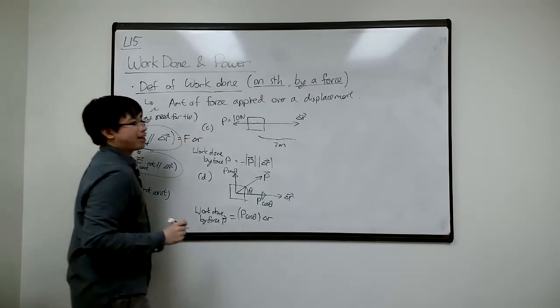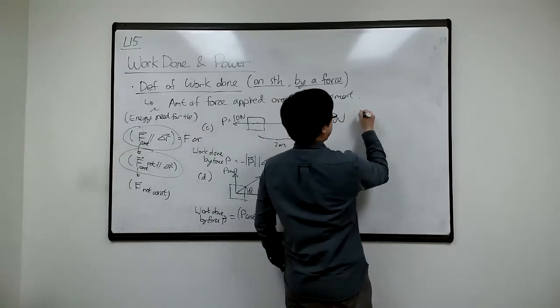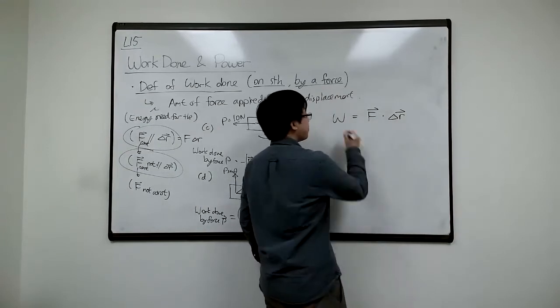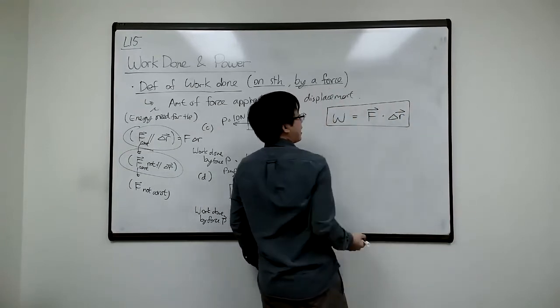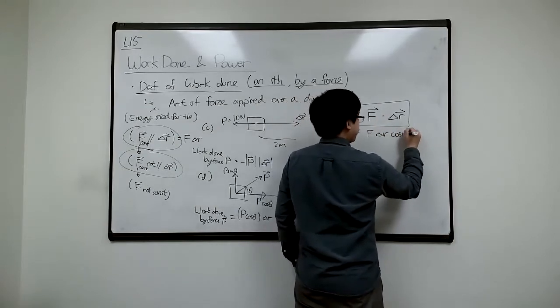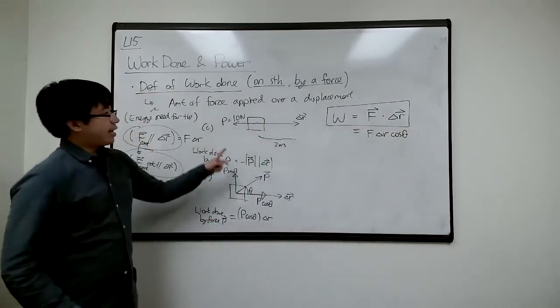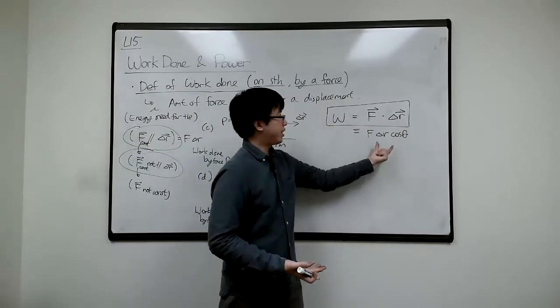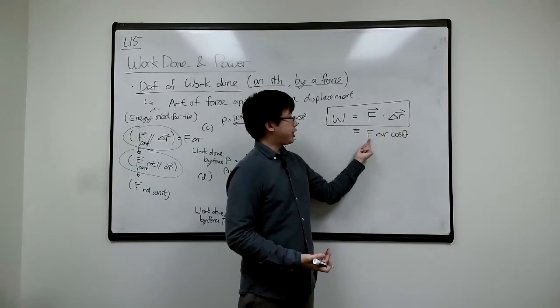Let's look at if it's not parallel. I can summarize all of them together, and it's the dot product. Okay. And of course, you know the dot product is equivalent to saying this. And you see, once you understand the dot product, if they are parallel, it's just this times this.